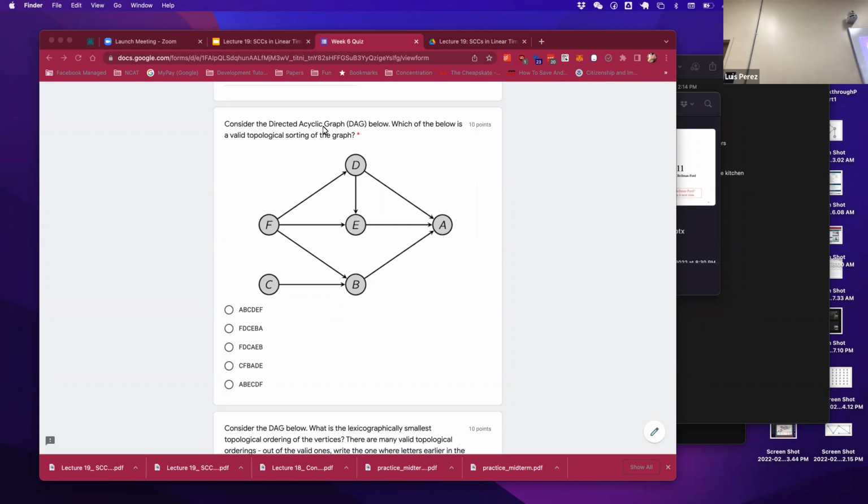That's clearly not a valid topological sorting because it depends on D, it depends on E. Maybe one thing to notice is that A kind of depends on a lot of stuff, so it should really be last.